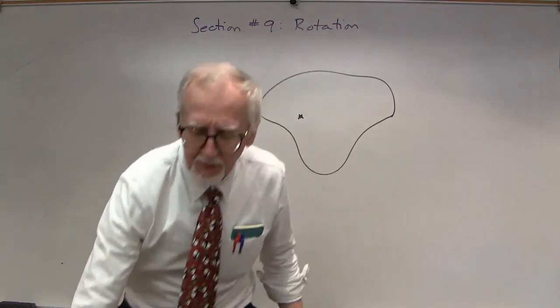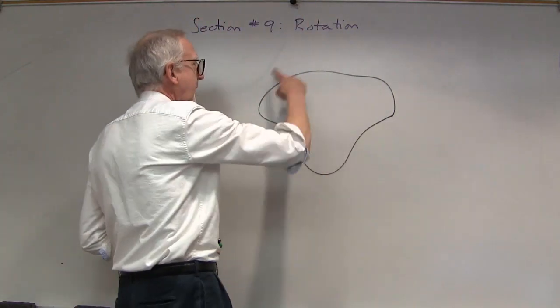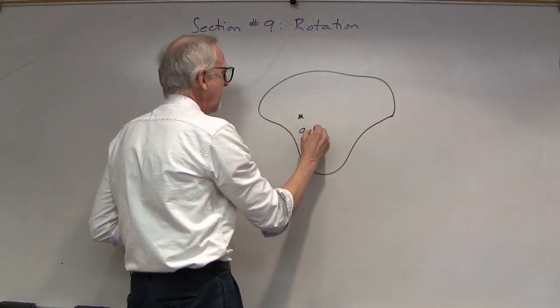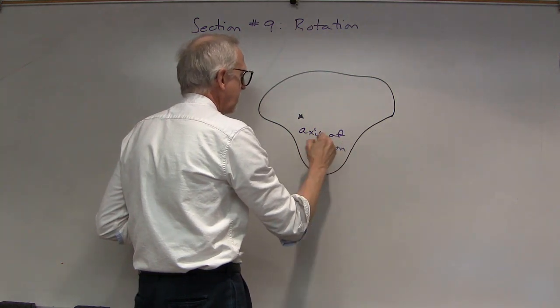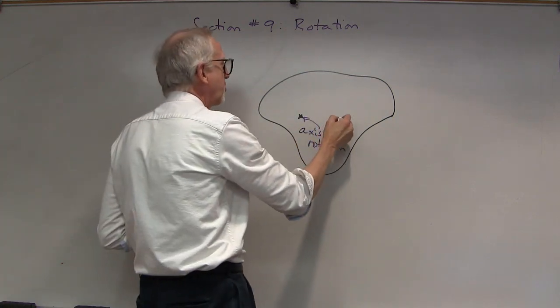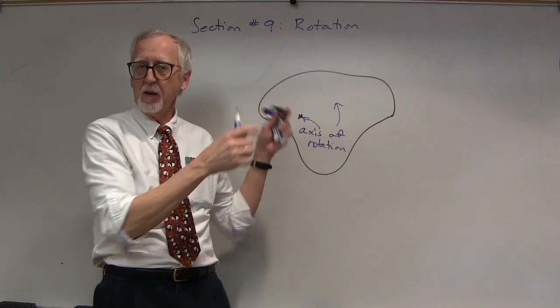We don't have to imagine that it is circular. So we could have some extended object, but let's imagine that the axis of rotation is held fixed. So the object is rotating around the axis of rotation, whatever the shape is.